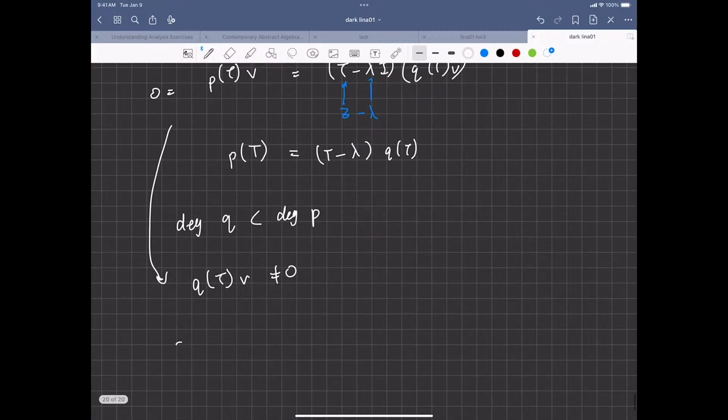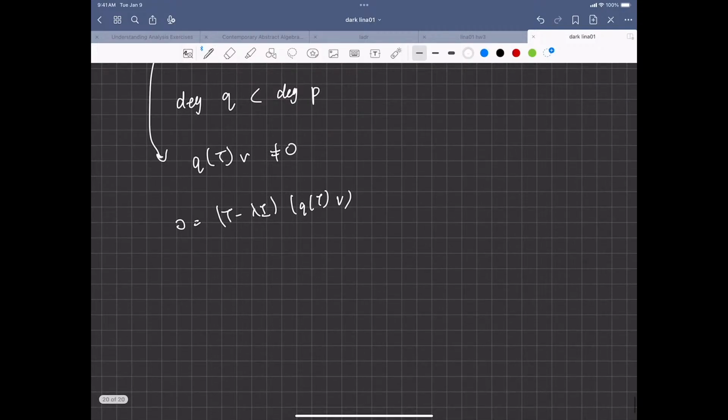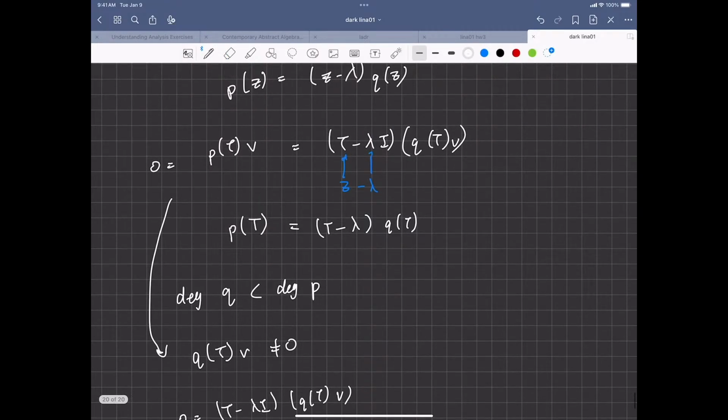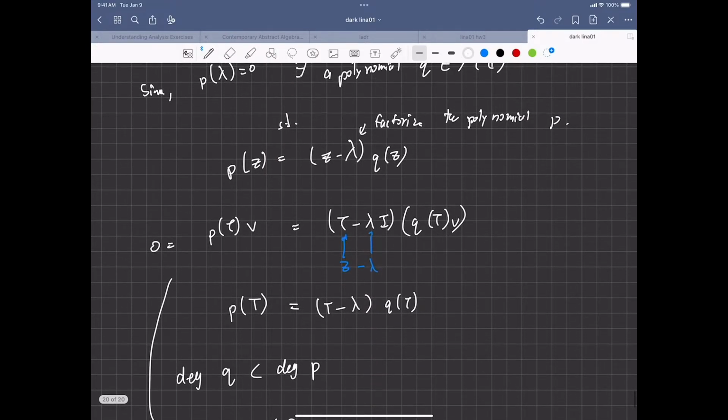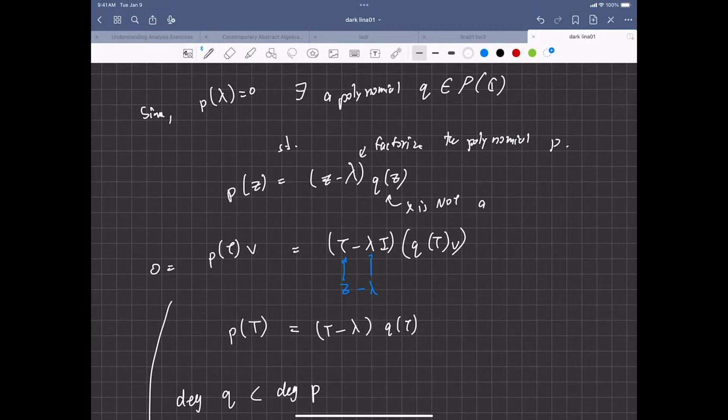Looking here again, 0 goes to T minus lambda I, Q of T of V. Because Q has a smaller degree than P, and this is covered in the previous section, it turns out that if you factorize out lambda, this lambda here, lambda is not a root of Q anymore.